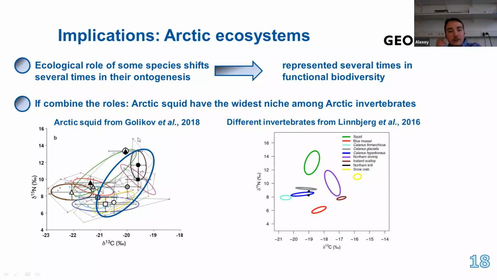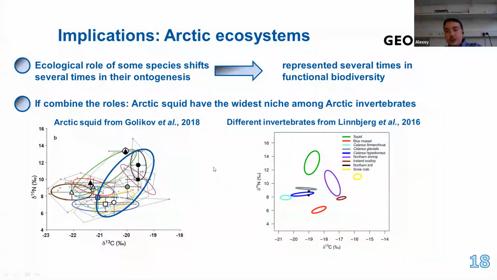If we combine ecological roles in our example species, Arctic squid, for example, these ones are all from West Greenland, from small, medium, large. If we combine it, we can see it has the largest niche among the Arctic invertebrates studied so far. This example is also from West Greenland, and shrimps, crabs, scallops, copepods, whatever, they all have not such wide isotopic niches, despite also having some size differences.